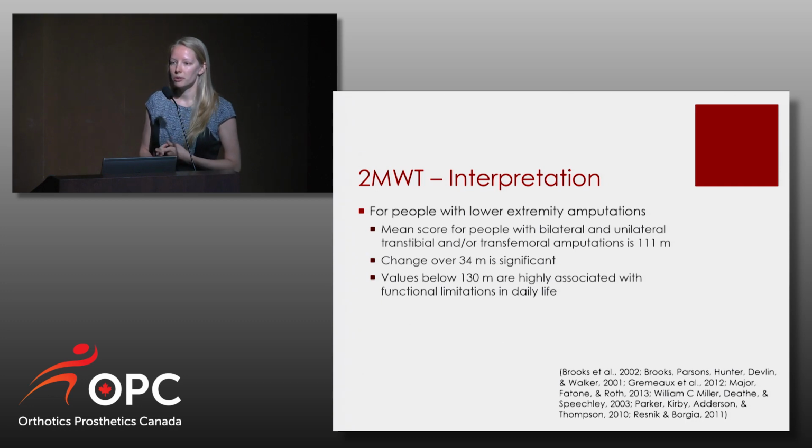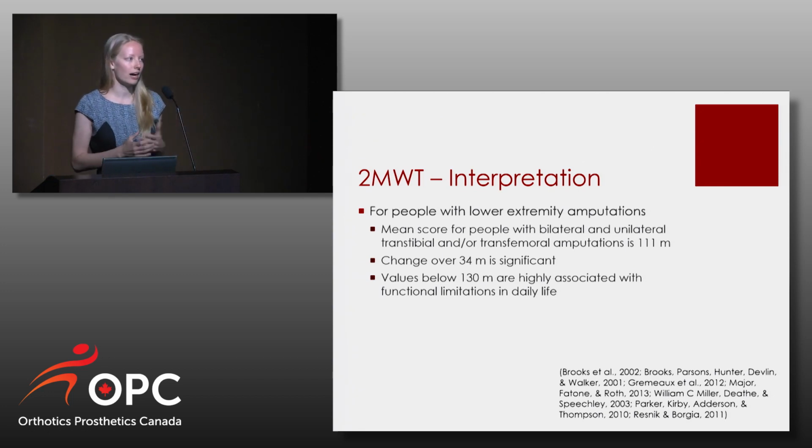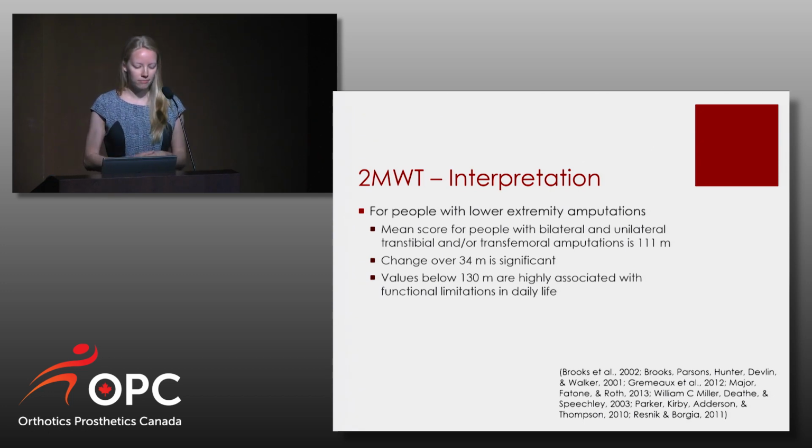So for people with lower extremity amputations, the mean score has been found to be approximately 111 meters in 2 minutes. They've also found that a change over 34 meters is significant, and that values below 130 meters are highly associated with functional limitation in life.